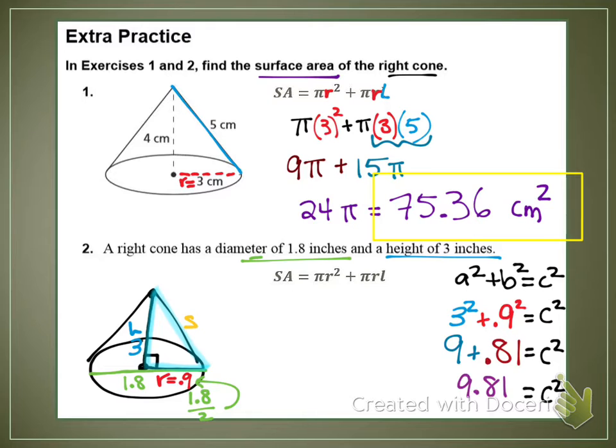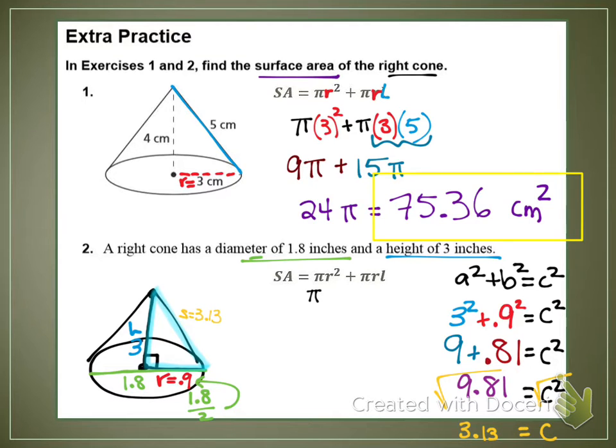So then how do I figure out what the slant height is? Square root. And this missing side is 3.13. Alright, so this is not the final answer, but it will help me find it. I'm now going to use the surface area formula because I have everything I need.